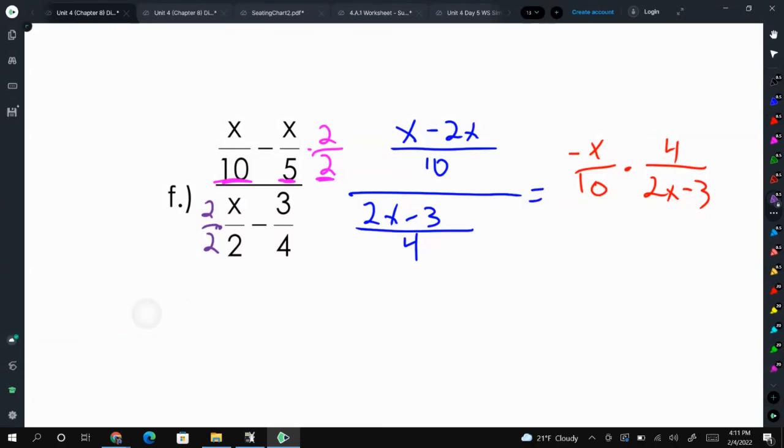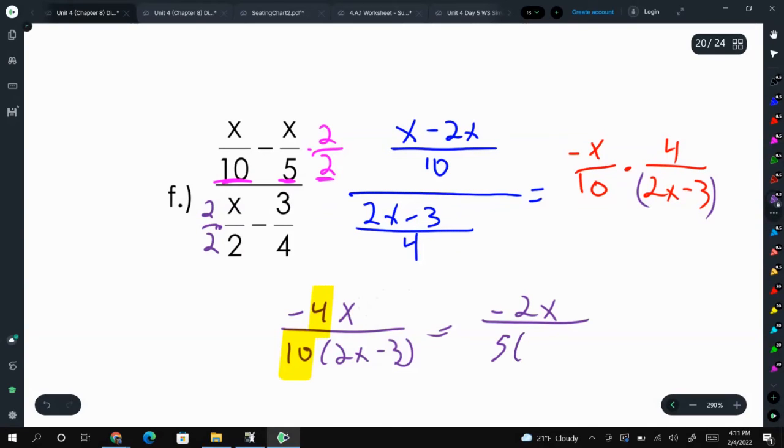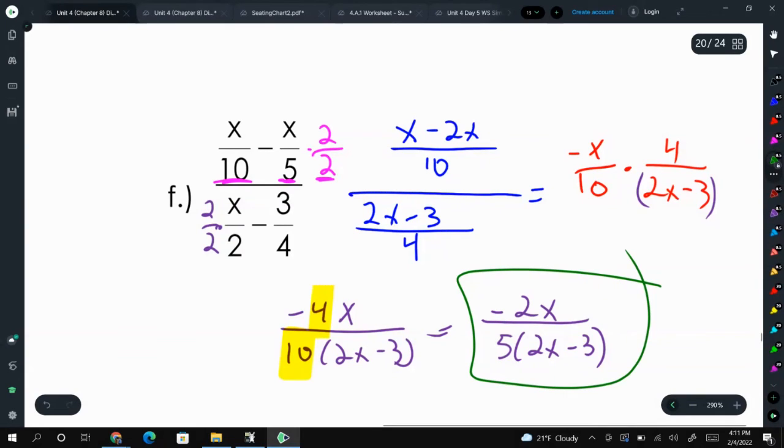So this is going to give me negative 4x over, I'm not going to distribute that 10, and the reason for that is I can tell that 4 and 10 can be simplified, and I can divide the top and bottom by 2, so it's going to be negative 2x over 5 times 2x minus 3. And that will be my final answer.